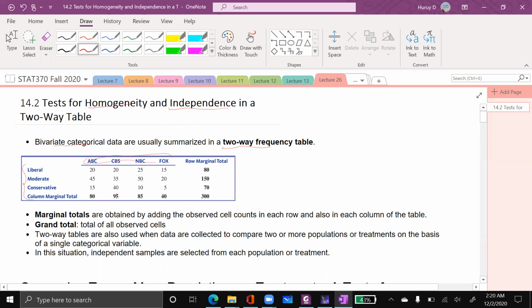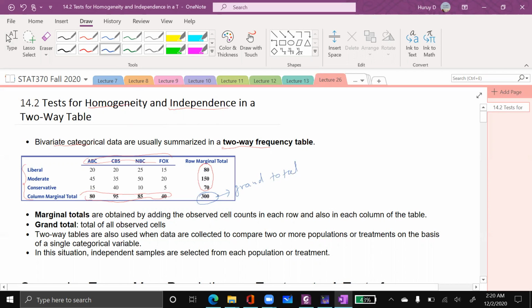And this two-way frequency table has marginal totals. These are the column totals, and we call them marginal totals. And again, we have the row marginal totals, okay? And we have the grand total.